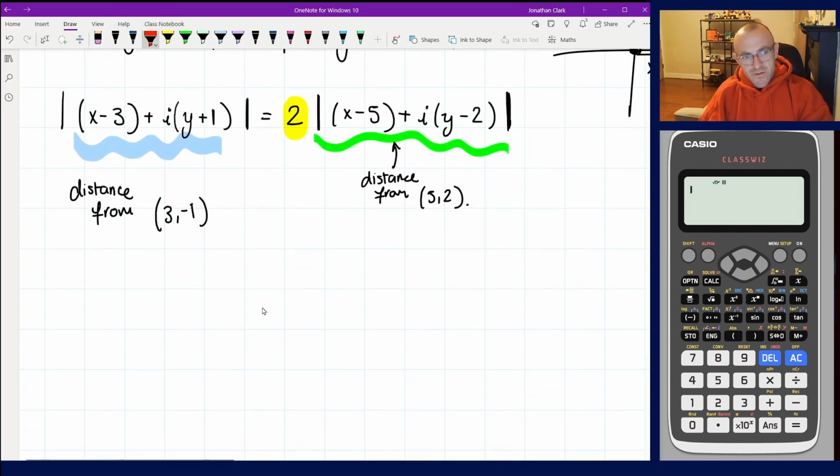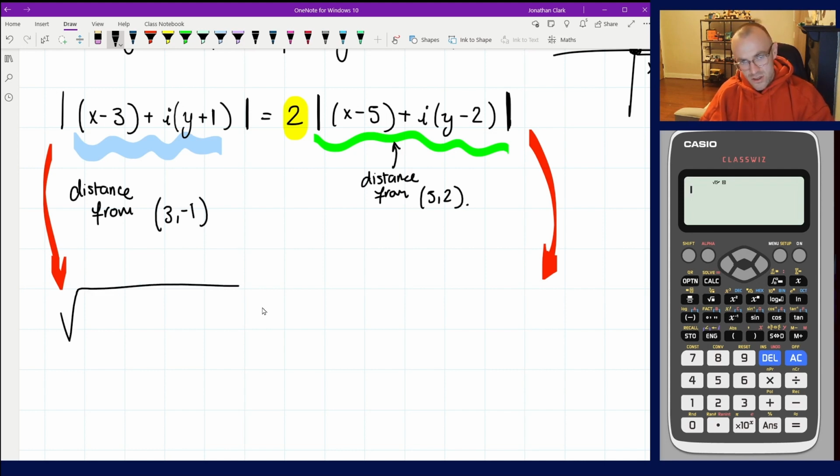So I'm going to try and convert both of these into the distance formula, essentially. So this is going to turn into the square root of x minus 3 squared plus y plus 1 squared.